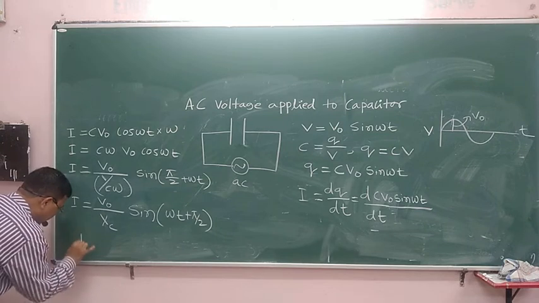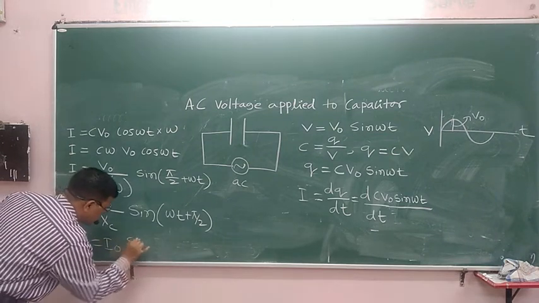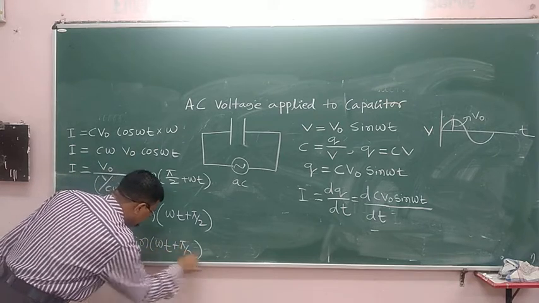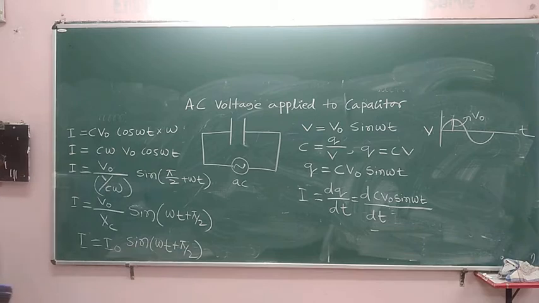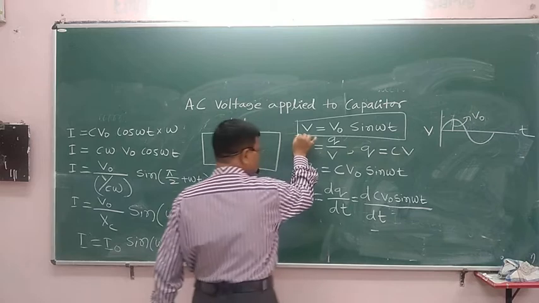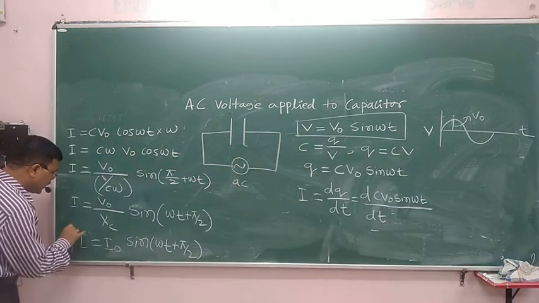So therefore at the end I get I is equal to I0 into sine of omega t plus 90. For an alternating voltage applied across the capacitor, we get an alternating current.